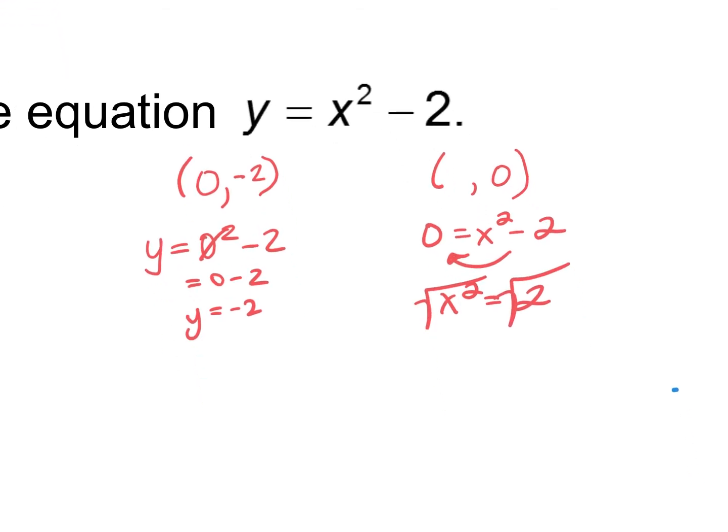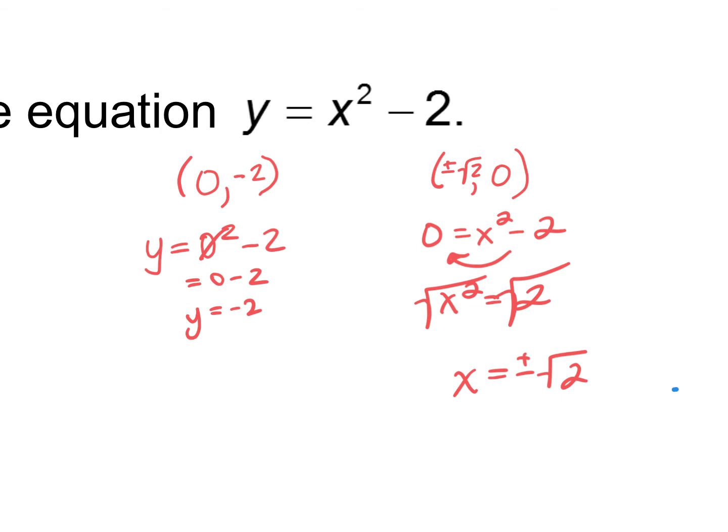When I put the square root on top of a number, what goes in front of it? What's my answer here? x equals square root of 2? Kind of. It is a plus or minus. Good, Chloe. So you would put plus or minus root 2.